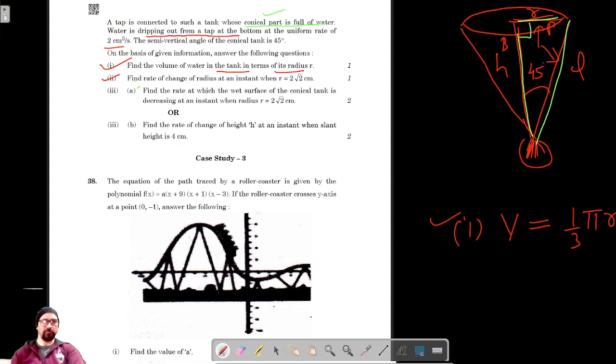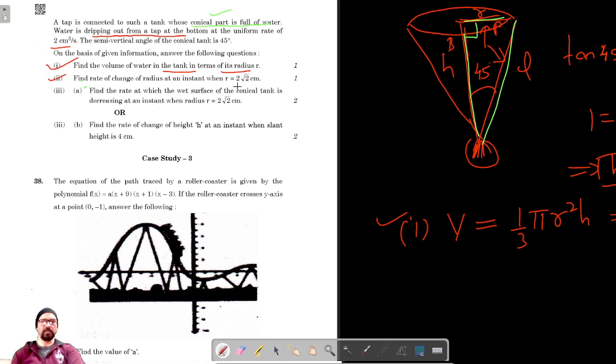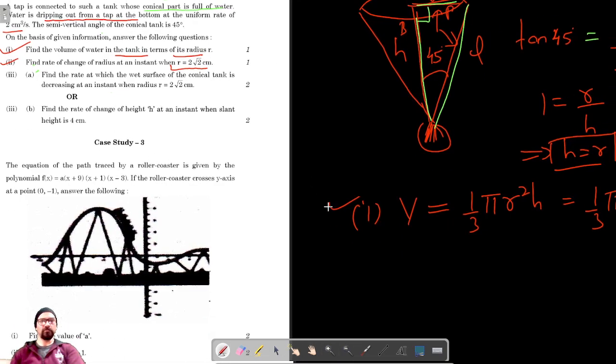That was the first one. Now we have to find the rate of change of radius at an instant when R is equal to 2 root 2.